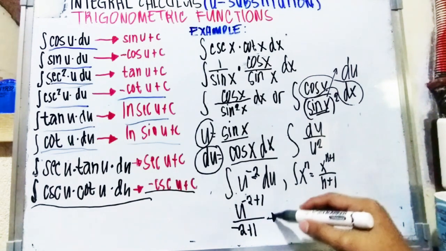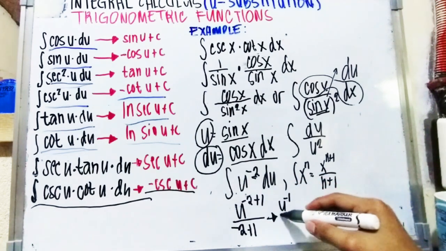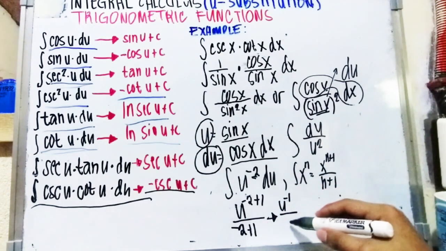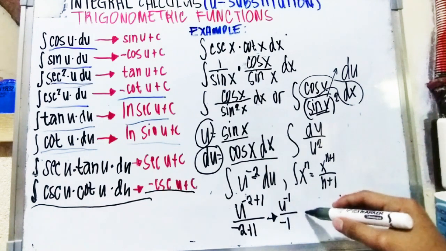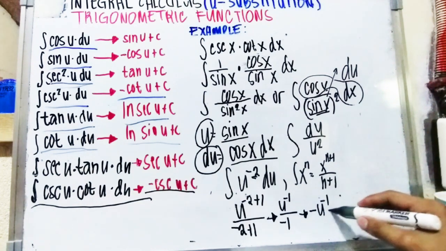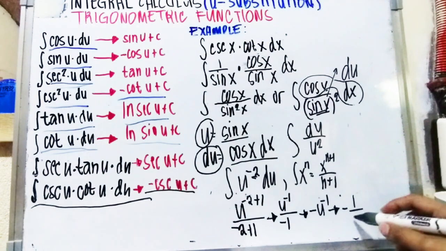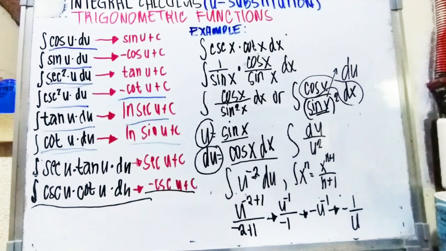Evaluating this one, magiging u, negative 2 plus 1 is negative 1. Also, negative 2 plus 1 is negative 1. Evaluating, magiging negative u negative 1 or in fraction form, magiging negative 1 all over u.